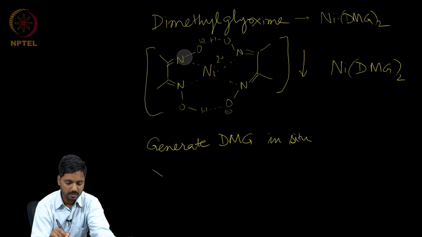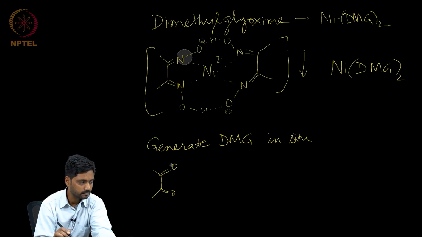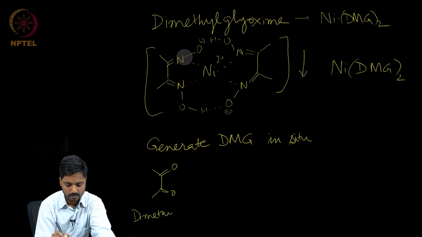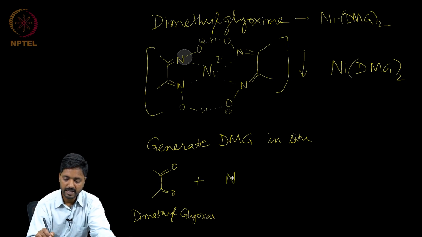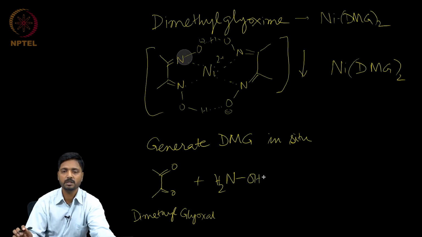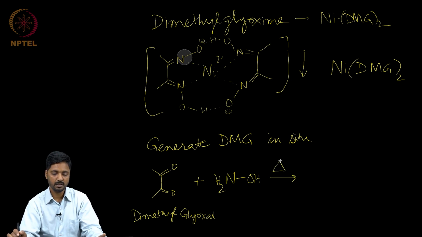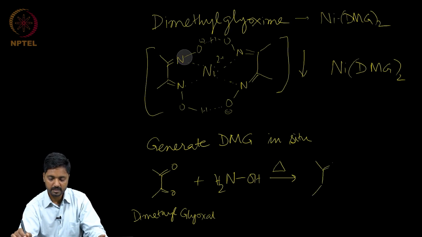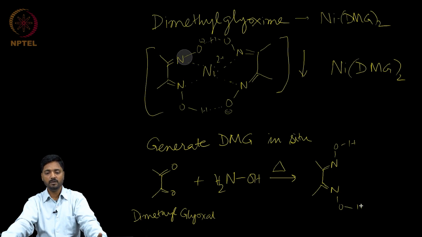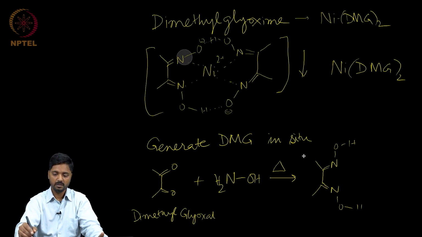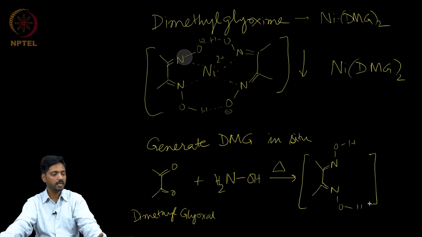So, for that what is done is we take dimethyl glyoxal and react it with hydroxylamine in the reaction mixture itself, and under the right conditions of high temperature you will generate the corresponding dimethyl glyoxime, which will undergo complexation with the nickel ions present in the medium.